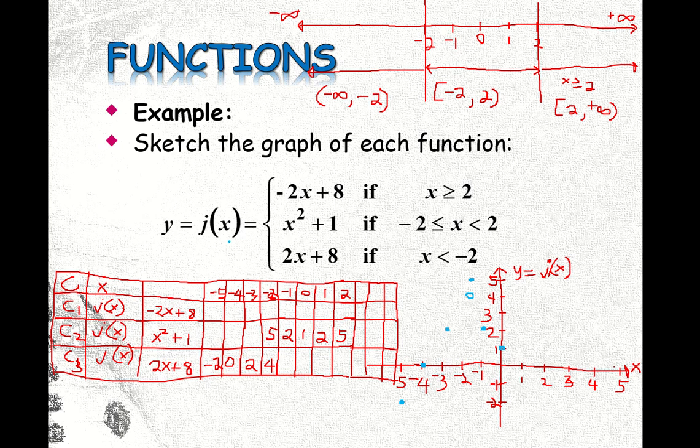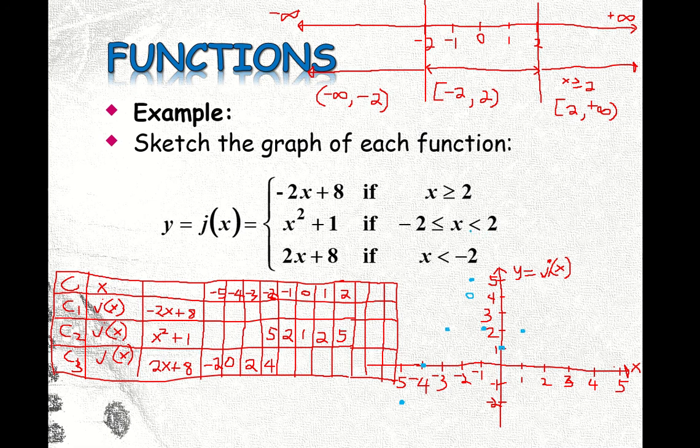Now when x equal to 1, g sub x is 2. Then when x equal to 2, g sub x is 5. But take note, 2 is not included, right?